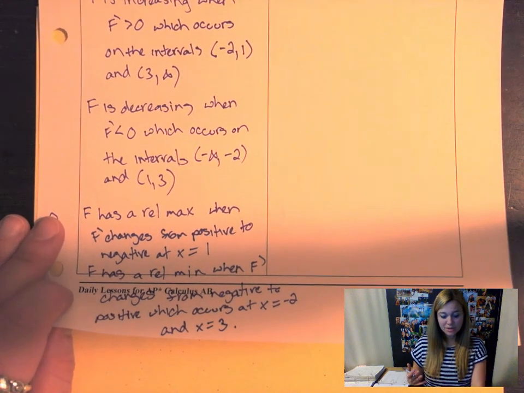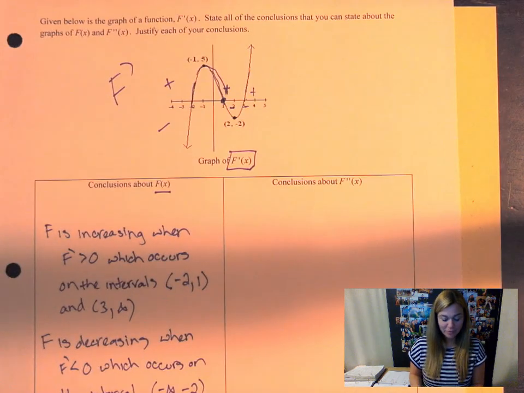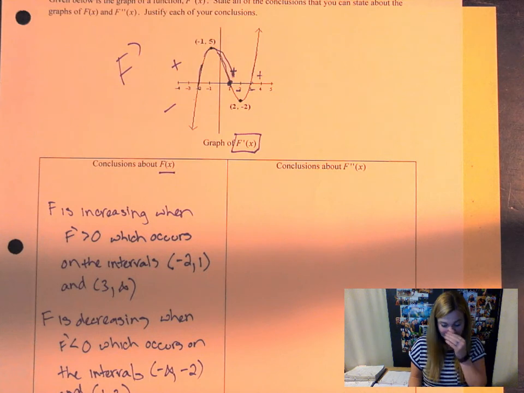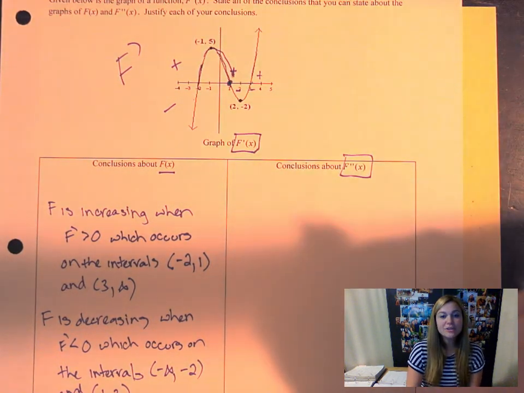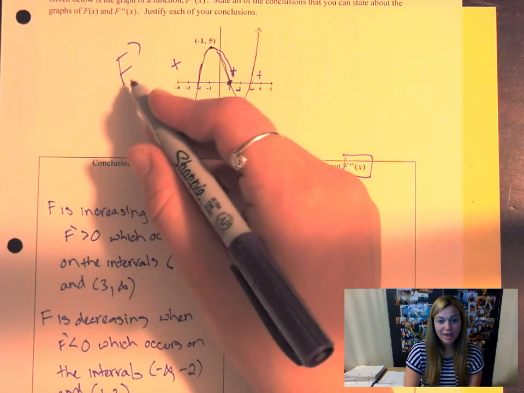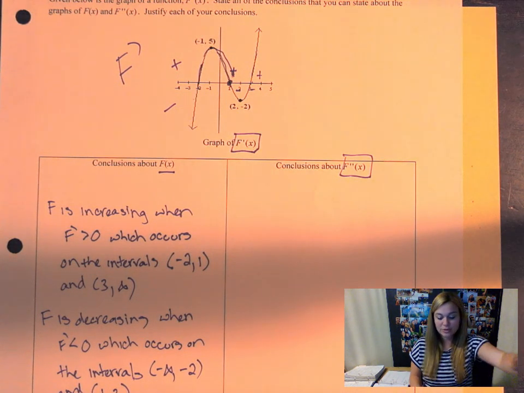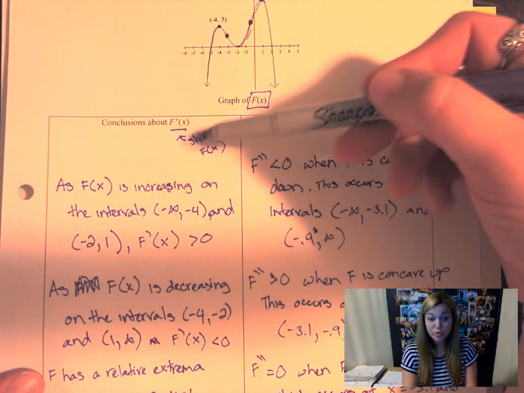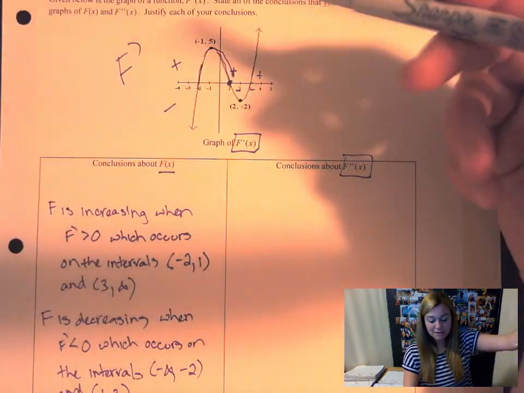We know so much, and actually we know a little bit more in a second. I'll maybe even put an asterisk at the bottom on this side. If I say conclusions about f double prime, so f double prime is the derivative of f prime. So all those things that we said in that last one, when we were talking about the connections between f and f prime, we can make those same kind of connections where we're looking at the slope.